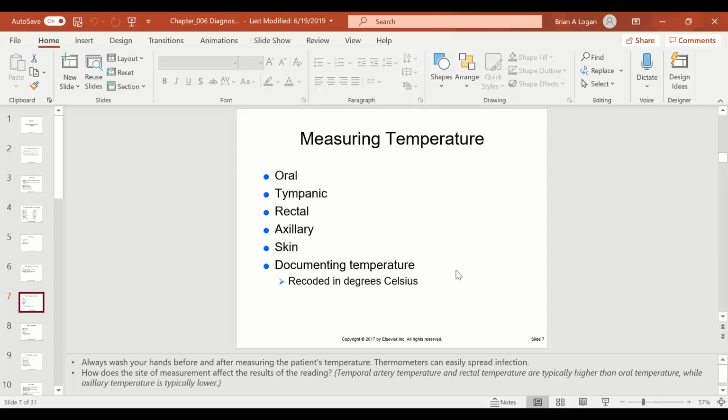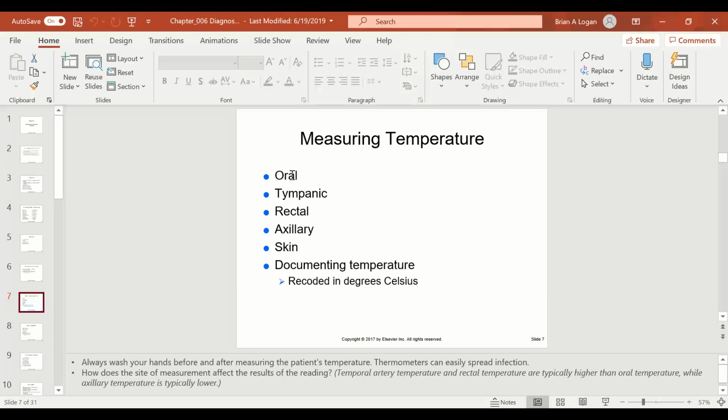And in some of these places, the reason there's so many different places is usually your tympanic and your rectal temperatures are going to be anywhere from about a half degree to a full degree higher than your oral temperature. And this can be any number of reasons. Maybe you just drank something cold.